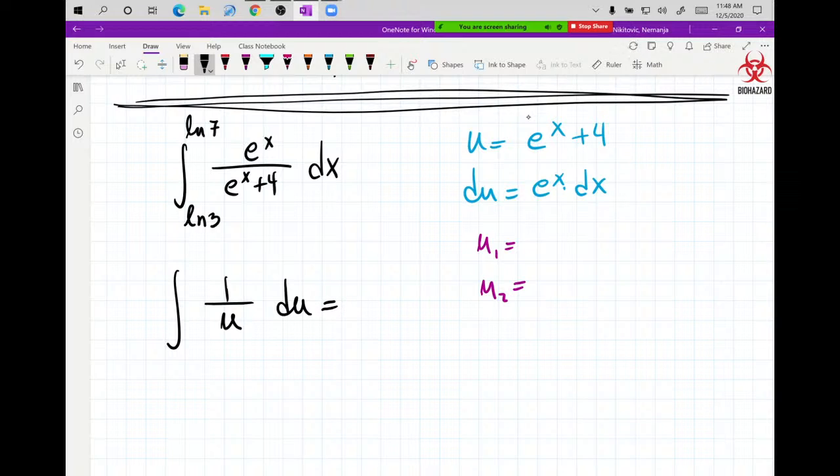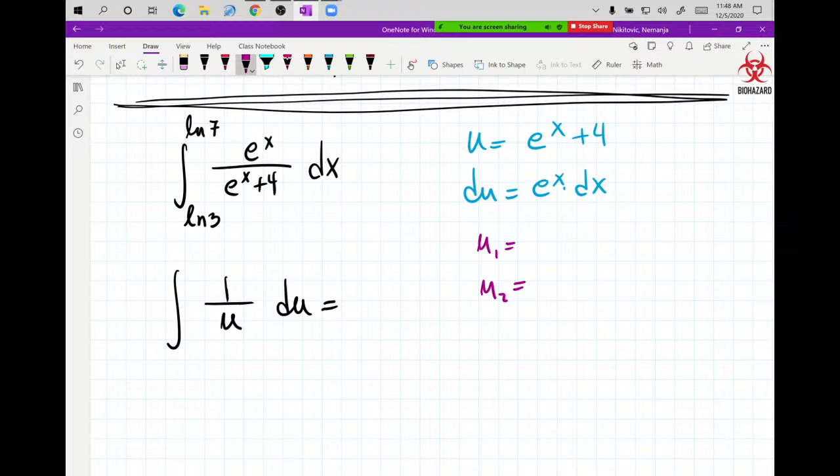Well, I need to fix my limits. So what is my u1 limit? Seven plus 4, so 11. Good.